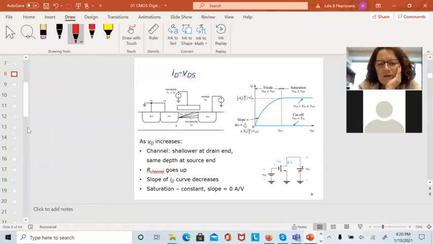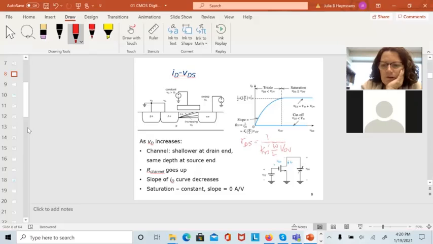So in triode, the channel is acting resistive. The conductance, GDS, is just 1 over RDS of the channel. It changes with voltage. And it's going to equal Kn prime, which is the transconductance parameter of the transistor, times W over L times VOV.